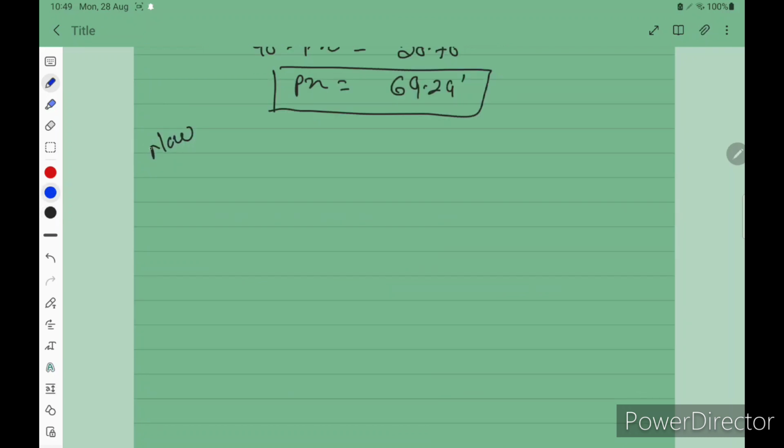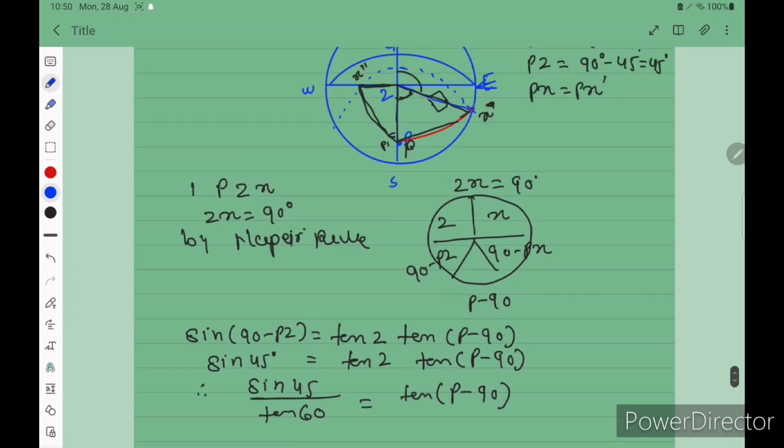Now in the second triangle, triangle PZX dash, again we use Napier's rule. Z is equal to 90 degrees.